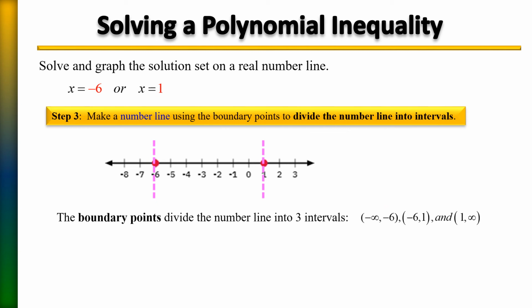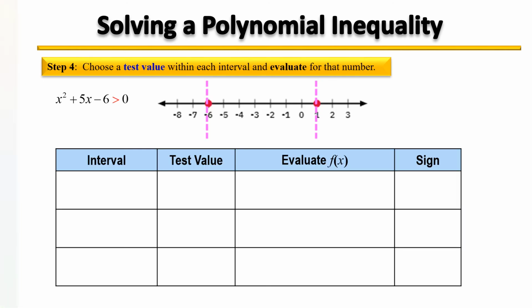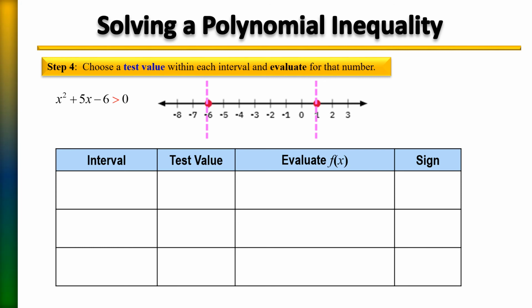So now our next step, step 4, we're going to choose a point within each region so that we can test that region. So here we have our given polynomial is greater than 0. That means what we're looking for here is all the regions where it's positive.